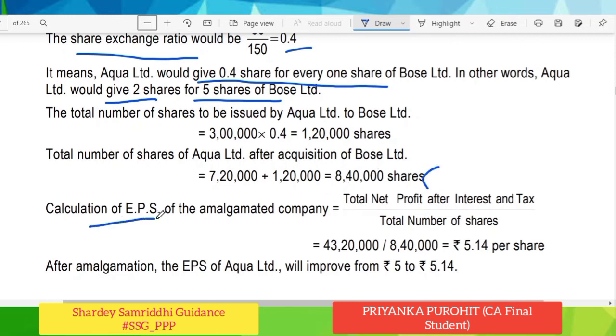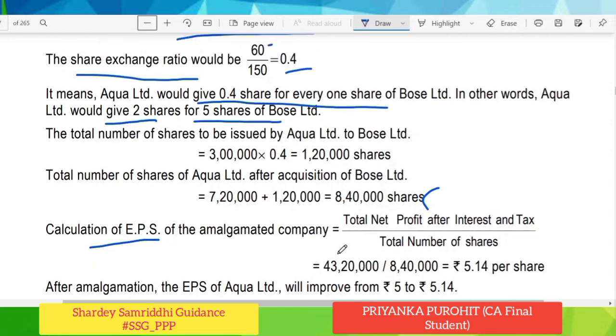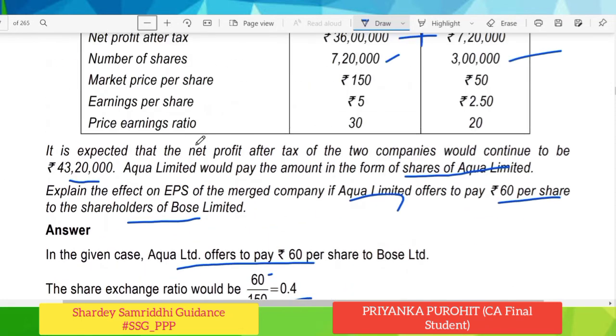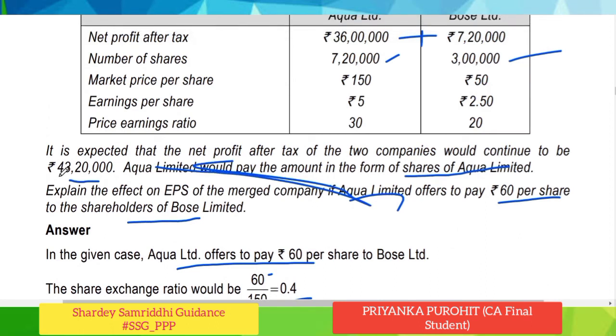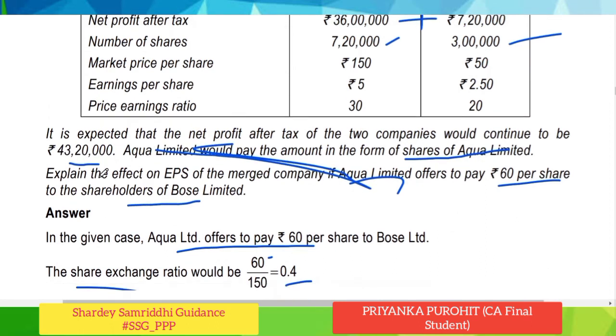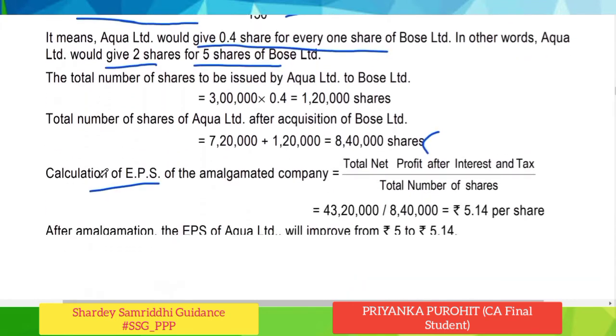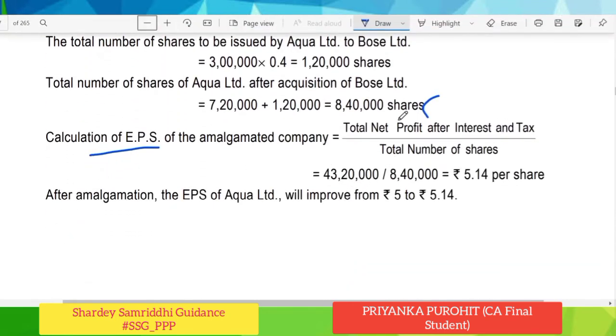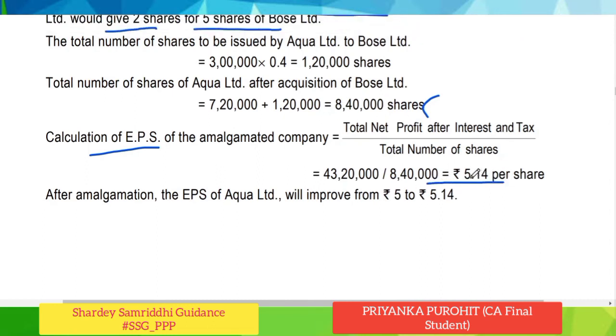So the calculation of EPS of the amalgamated company would be net profit after interest and tax divided by the total number of shares. In this case, they have already said that the net profit after tax would continue to remain as 43 lakh 20,000. So we will consider this only, 43 lakh 20,000 divided by this total number of shares after acquisition will give us the EPS 5.14.